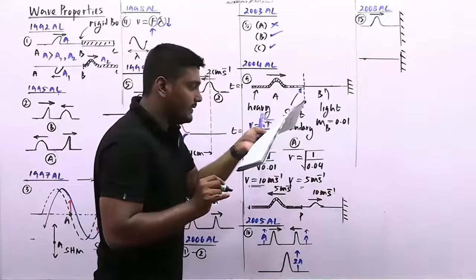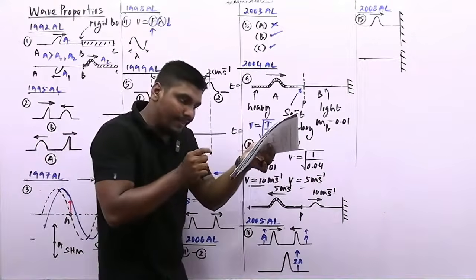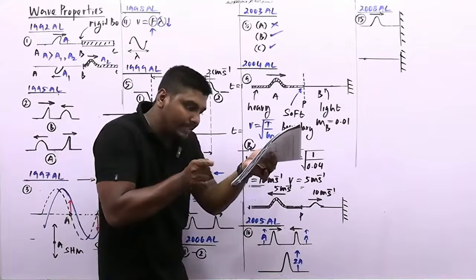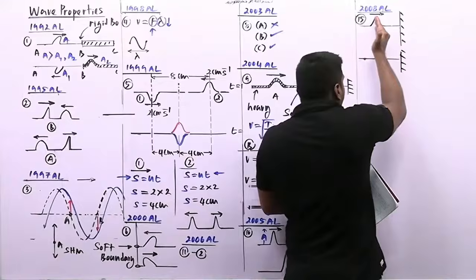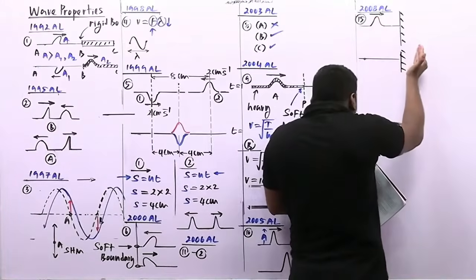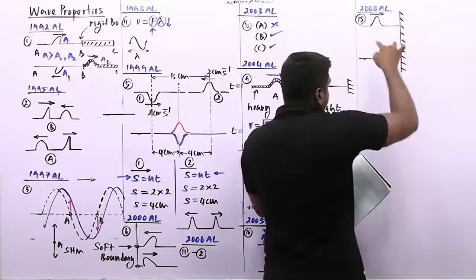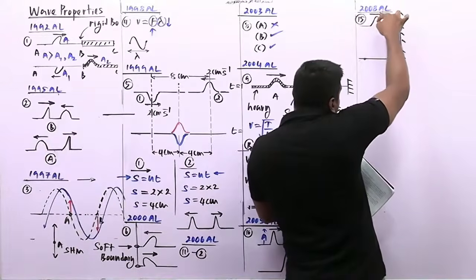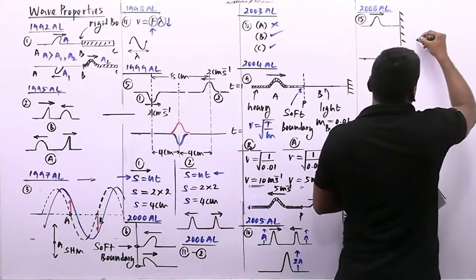Now they are asking which of the following figures correctly shows the resultant pulse at the instant when exactly half of the pulse is reflected from the rigid boundary. I told you that only half of the pulse has reached the rigid boundary. The remaining half is yet to reach it. If I draw the pulse larger, look here. This is your wave pulse reaching the boundary.